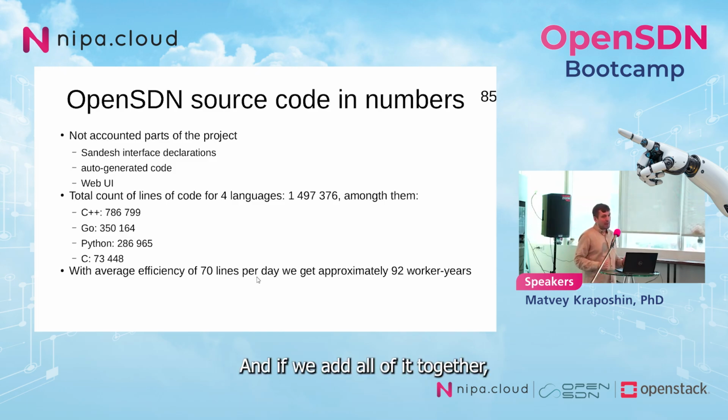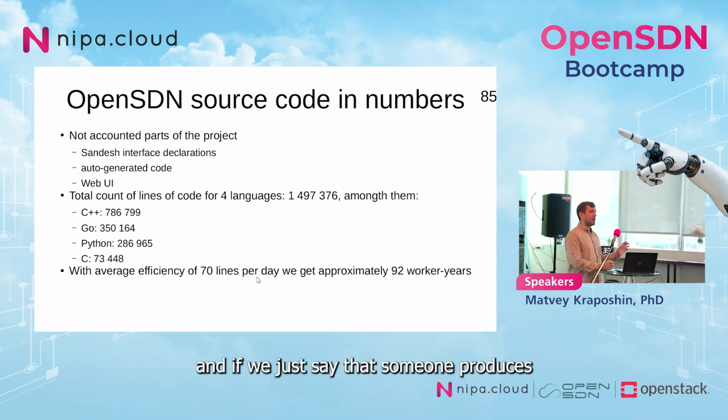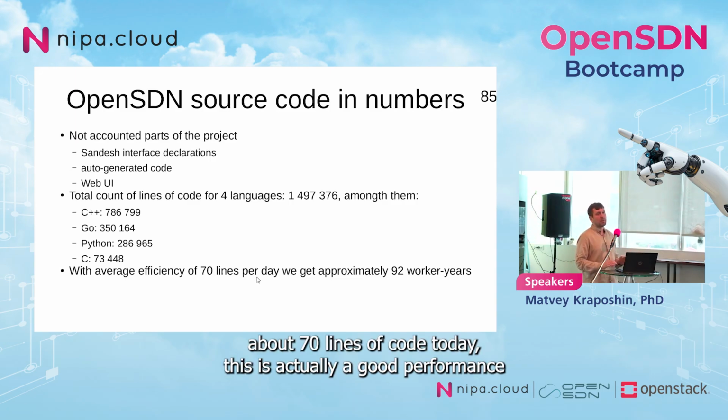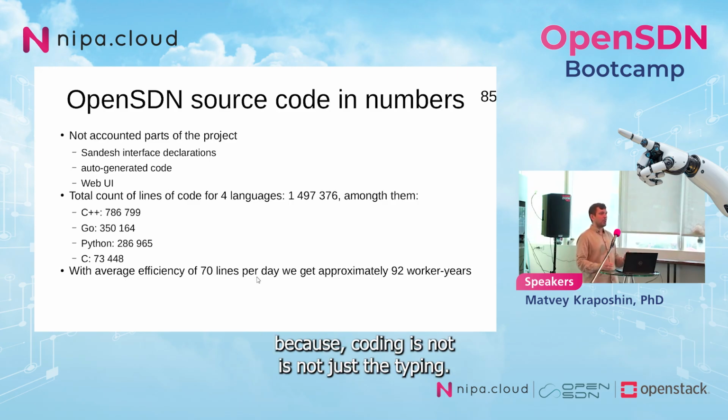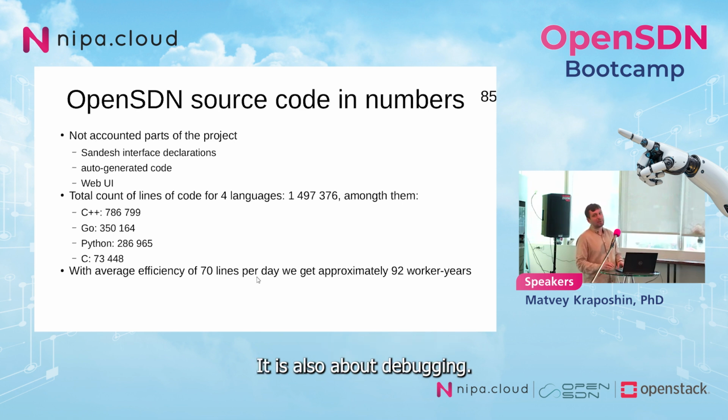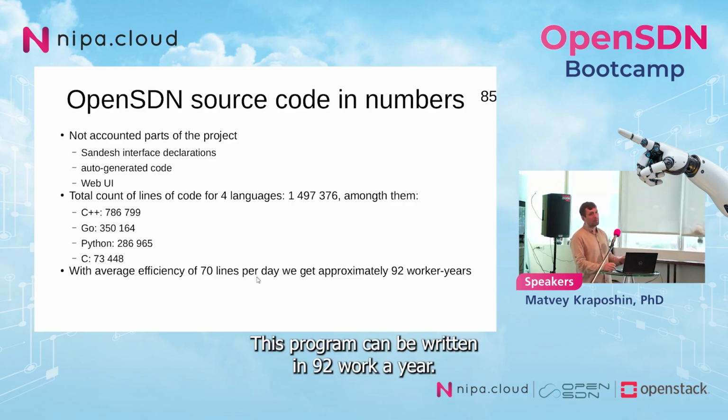And if we add all of it together, and if we decide that someone produces about 70 lines of code per day, this is actually a good performance, because coding is not just typing. It is also about debugging. It's about testing, checking. We can conclude that this program can be written in 92 work years.